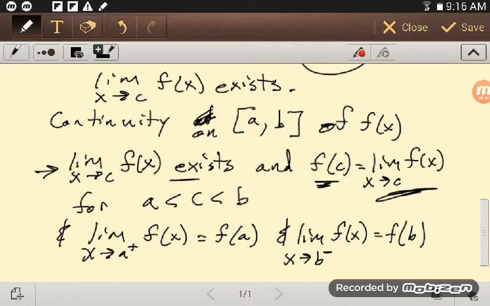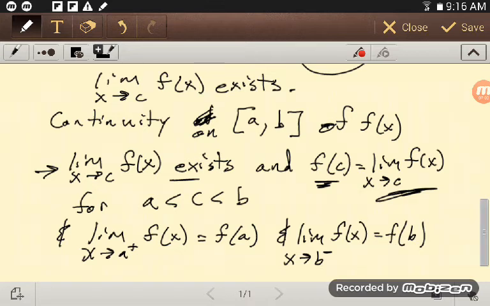So that would be continuous on a closed interval. It's continuous on the inside, and again, from a picture standpoint, as we head to the edges of our interval, everything matches up nicely.